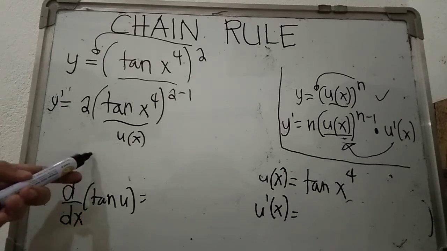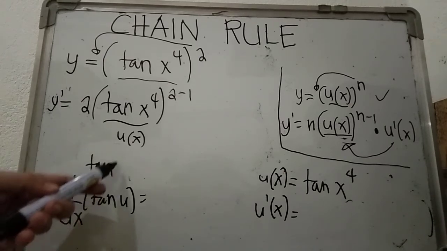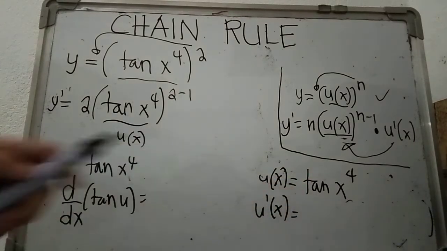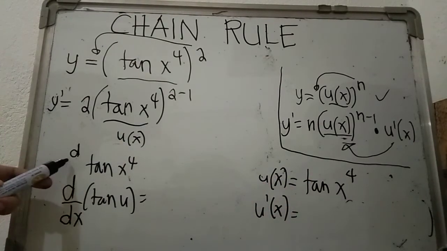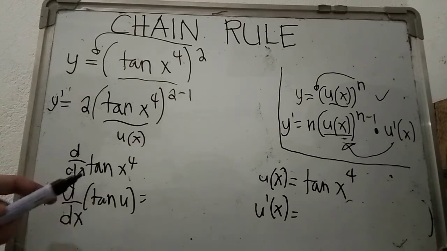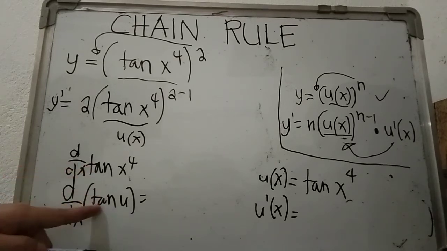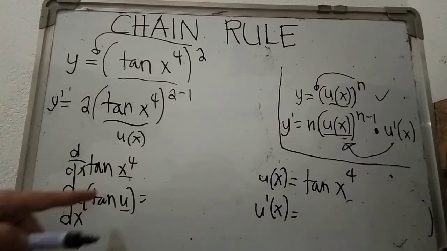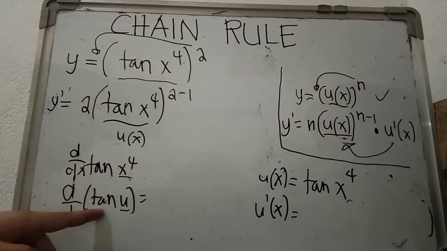Now take note, tan x to the 4 is actually given. This is our u of x. And how to find the derivative of that function with respect to x? Now we have here tan, and our u is actually equivalent to x to the 4. Now what is the formula in finding the derivative of tan u?